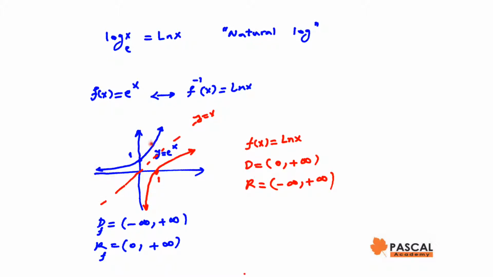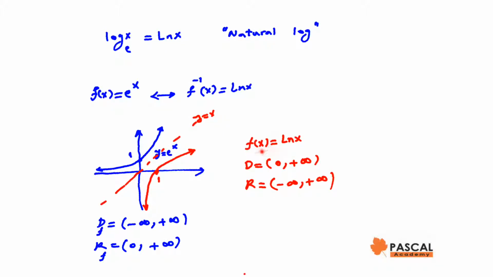The graph of the inverse function is the mirror image about y equals x, which is the graph of y equals ln of x, the curve drawn in red in this diagram. It's always increasing and concave down.